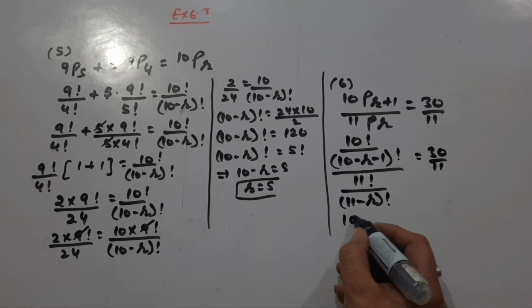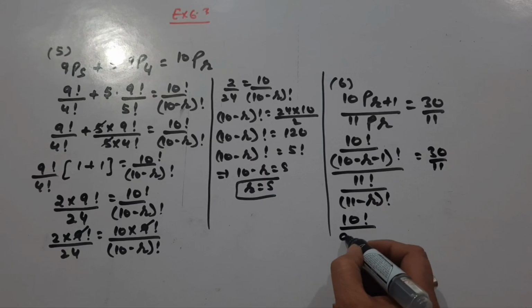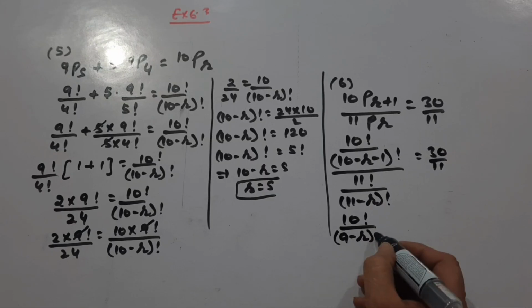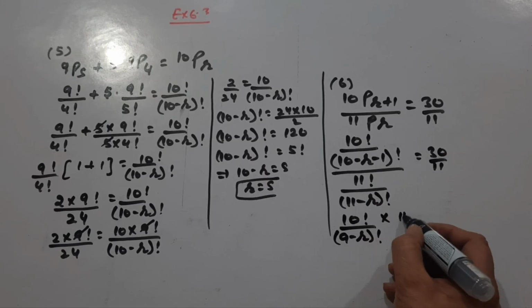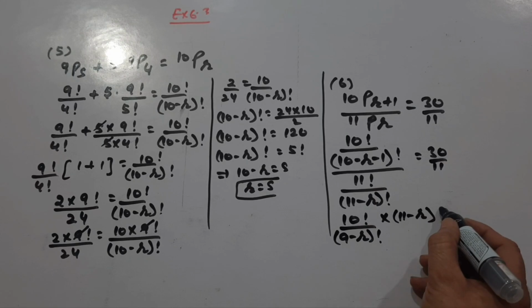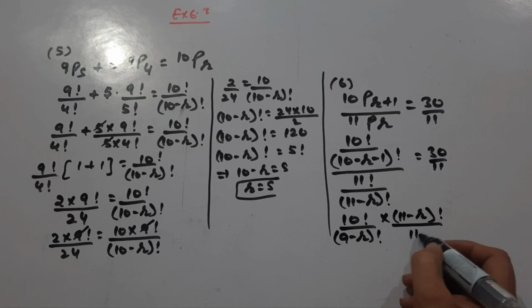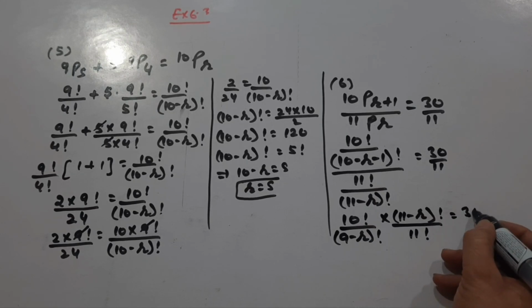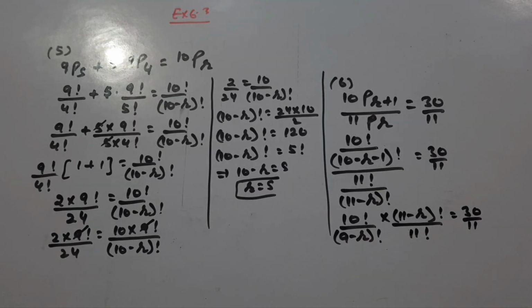Now 10 factorial, (9 minus r) factorial, (11 minus r) factorial upon 11 factorial equal to 30 by 11.